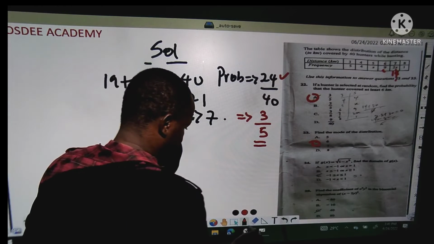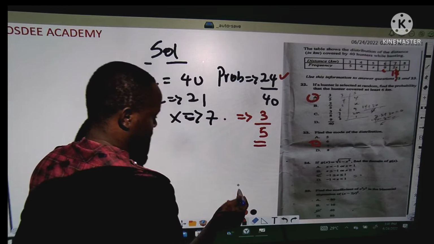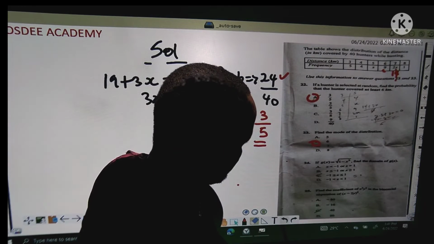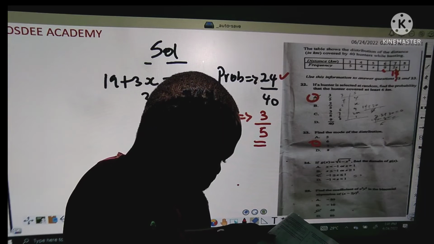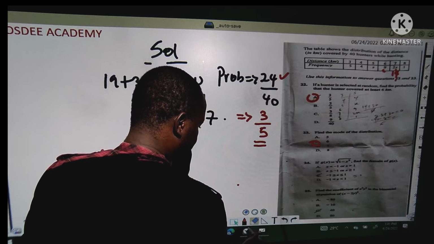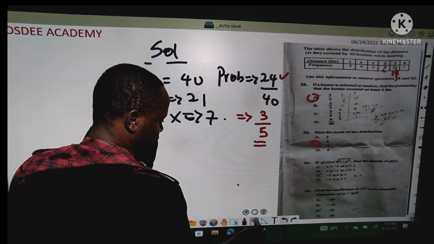The next question after that says we should find, if g of x is equal to the square root of 1 minus x squared, we find the domain of it. Now the domain of a square root is always greater than or equal to 0.